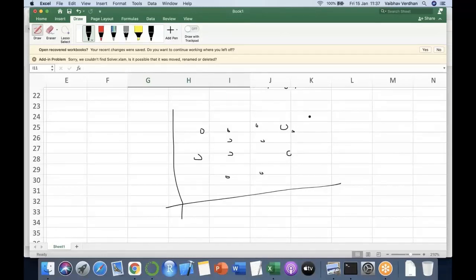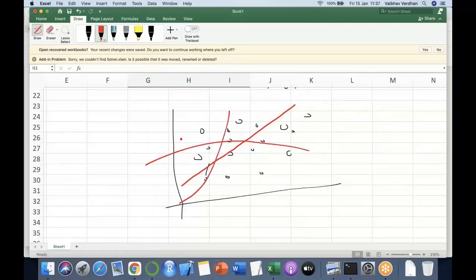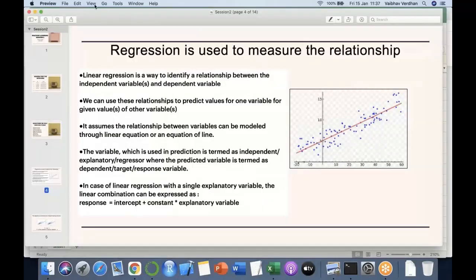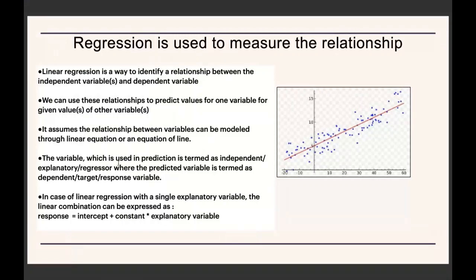When I talk about understanding the relationship, I'm saying that based on this data set, if I can create an equation which best measures the relationship between these variables, that is the purpose of linear regression.